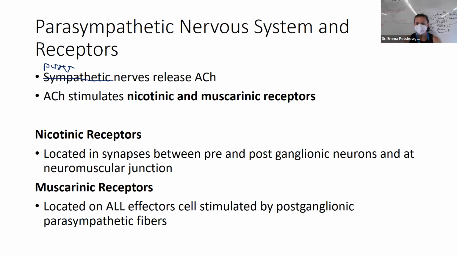But the beauty of the parasympathetic nervous system is it's only acetylcholine all the time. It's your only neurotransmitter you need to worry about. And then it varies in the sympathetic.